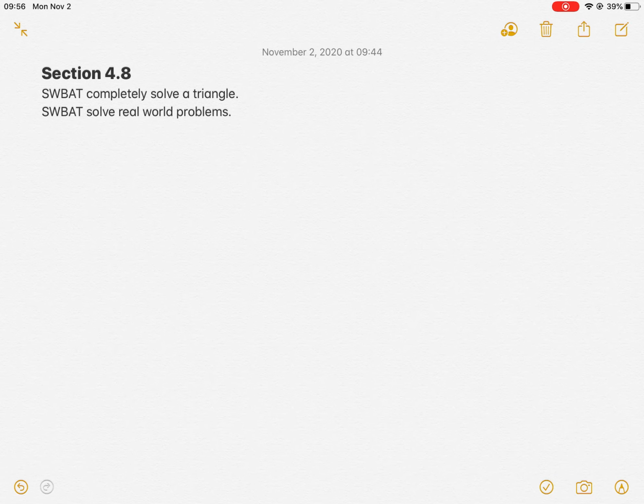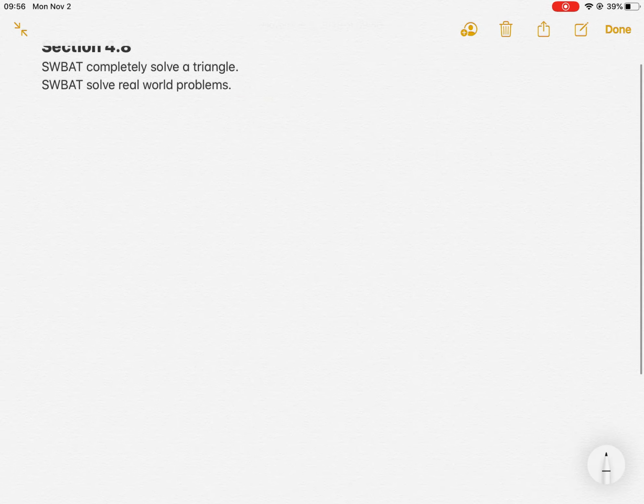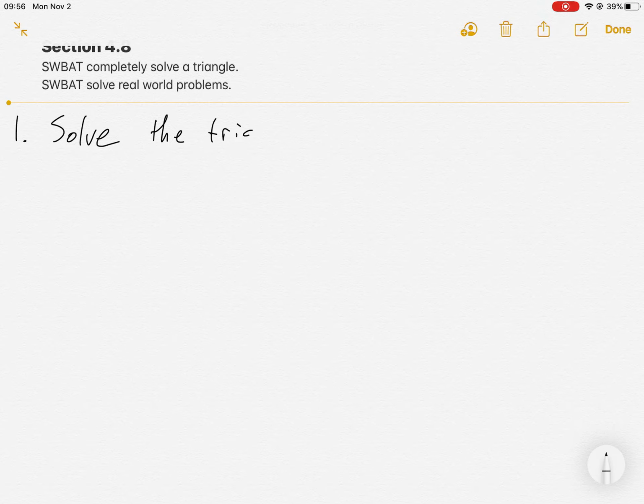To start off with, let's talk about what it means to just solve a right triangle, or solve any triangle, really. So let's just say here is my triangle. I have this angle is about 16 degrees. It's a right triangle, so that's good.